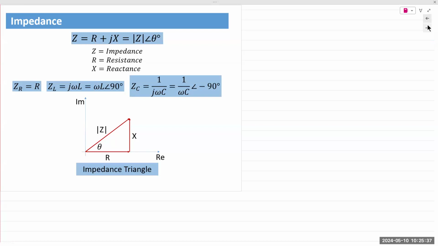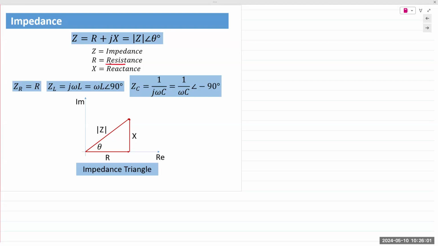Let's look at just the English word. Resistance comes from resist. What is resist? Resist is the opposition to the flow of current. Hence resistance.